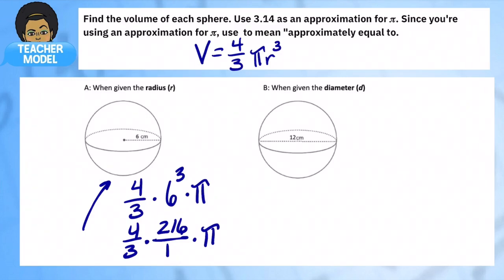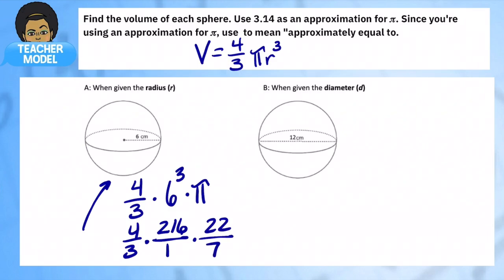Now, if it says leave in terms of pi, I can just multiply those two and leave pi. If it says to use 3.14 as an approximation, you're literally just going to sub in 3.14. If you want to leave it as a fraction, you could do 22 over 7.